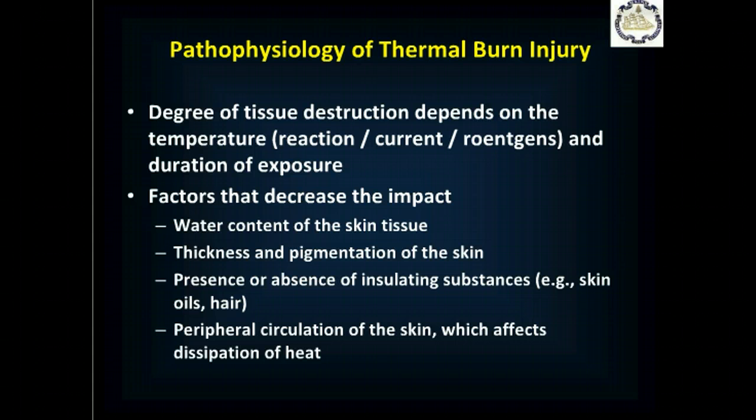Darker pigmented skin handles that high thermal energy better. Presence or absence of anything that insulates it, so skin oils or hair will absorb some of that energy and protect the skin. And then peripheral circulation of the skin, so areas that have a lot of good blood flow pull the heat out of the skin and move it centrally, taking it away from the skin and decreasing the damage in that area.